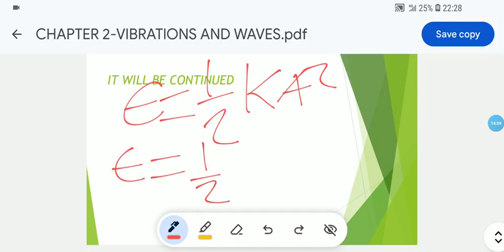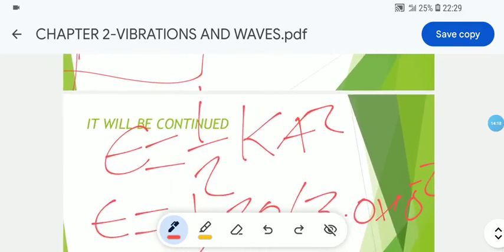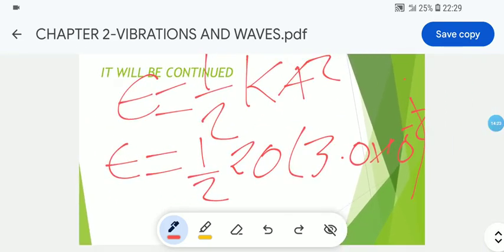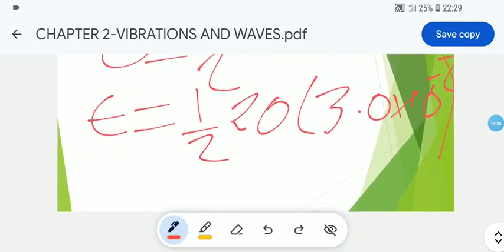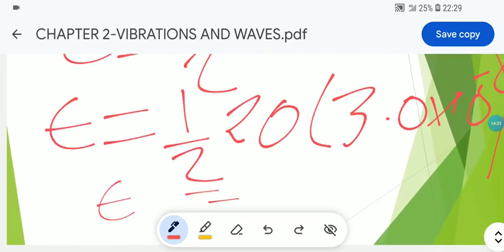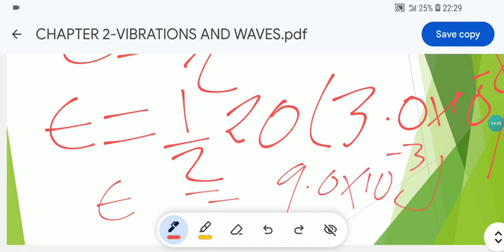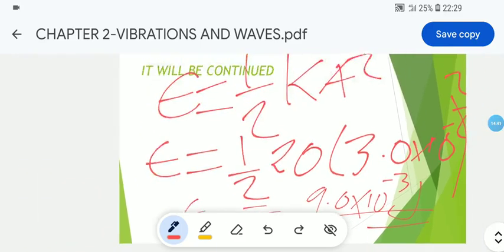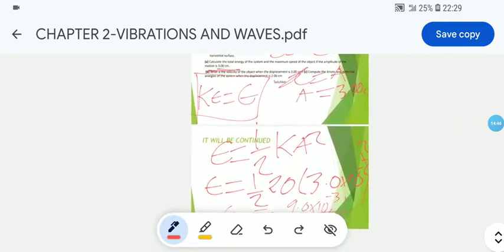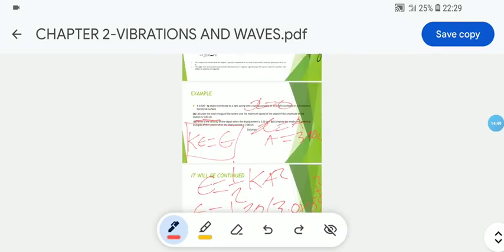So we have 1/2 times 20 times 3.0 times 10 to the power negative 2, squared. You're going to get your mechanical energy as 9.0 times 10 to the power negative 3 joules, if I'm not mistaken. I'm not using a calculator, so you can verify that. That's your total energy.